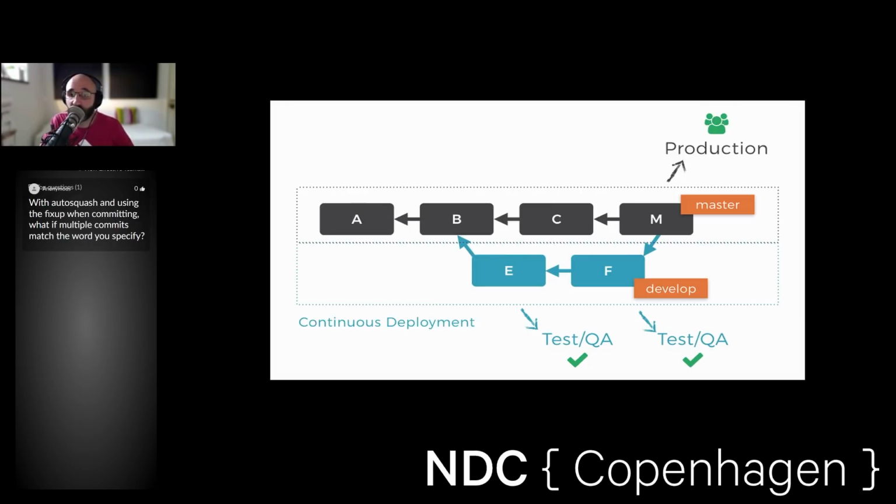So for example, in a develop branch where you're deploying to a test or QA, you can do that on every commit automatically. That's called continuous deployment, where you are continuously deploying your software to a test QA environment. For production, you can do that as well.